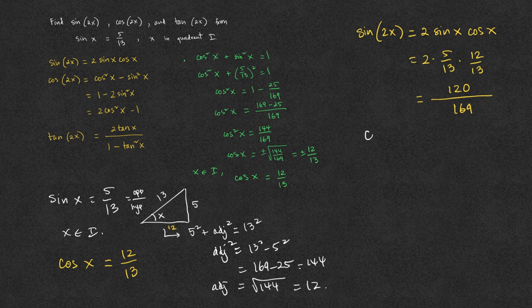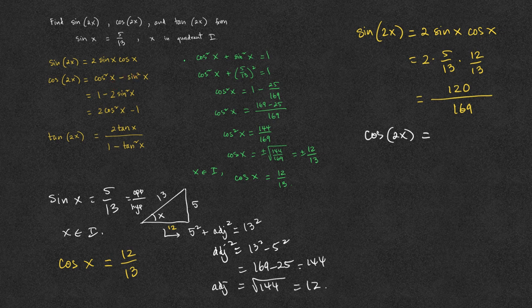Next, for cosine of 2x, we have 3 options to choose from. Use whichever option is convenient. Usually, we want to use one that has only one trigonometric expression in it, but if we have both cosine and sine, we can use them too.